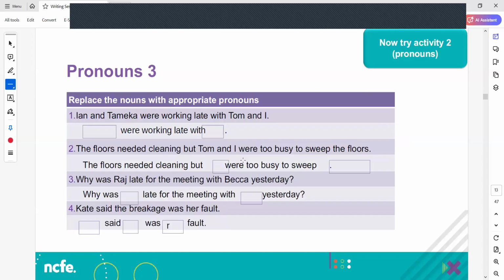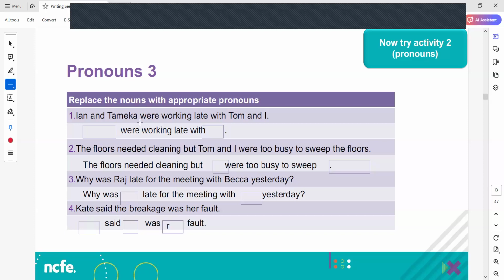Okay, so we need to replace the nouns with appropriate pronouns. So we've got some proper nouns, which are names, such as a name of a person, a company, or a country. And we've got just some general nouns.